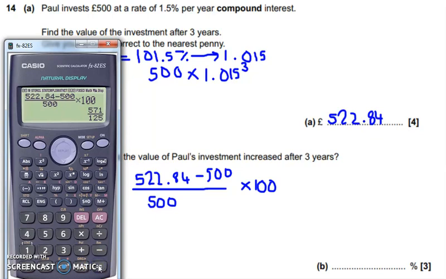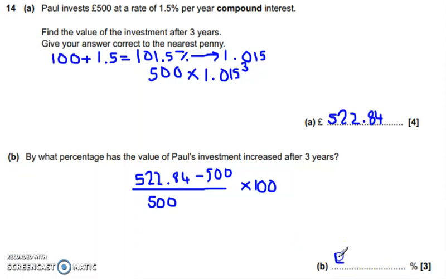And that equals, come up as a fraction, SD, okay, and it has given us that it's increased by 4.568%. And that's question 14.